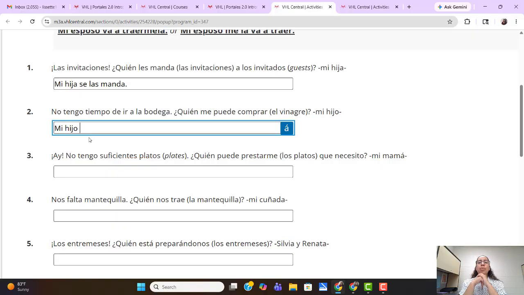Then she's like, who's going to bring me the vinegar? Oh, my son will bring it to me. That's what I'm about to create. Mi hijo me, now I'm going to put lo because of vinagre. Me lo puede comprar. I answered it like this with this verb, me lo puede comprar, because she's answering her own question. Okay, mi hijo me lo puede comprar.